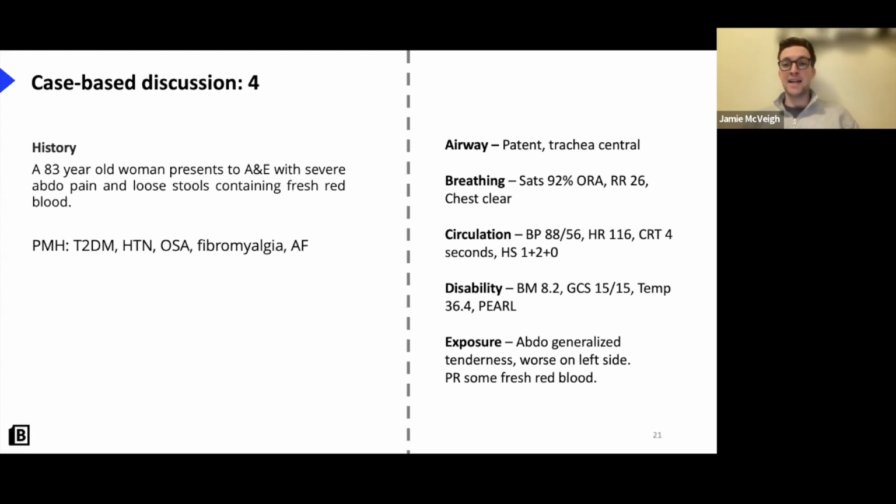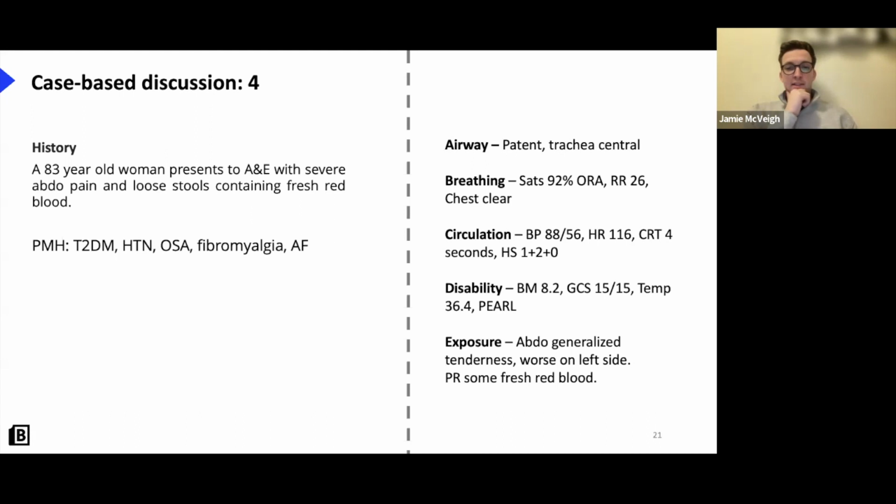You find out her blood pressure is 88 and her heart rate is 116. So this lady is hypotensive and tachycardic, and therefore in shock, likely hypovolemic, considering she's having blood in her stool. She's dry. Her CRT is 4 seconds, but heart sounds are normal.